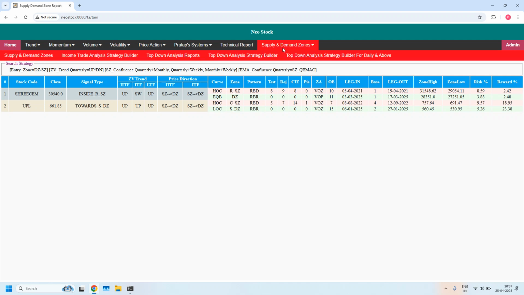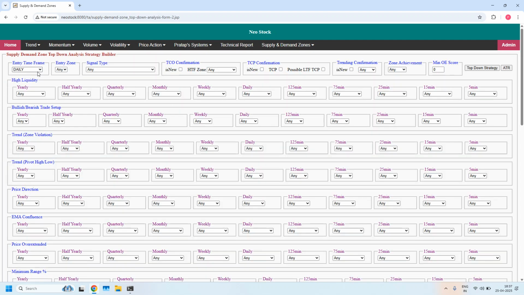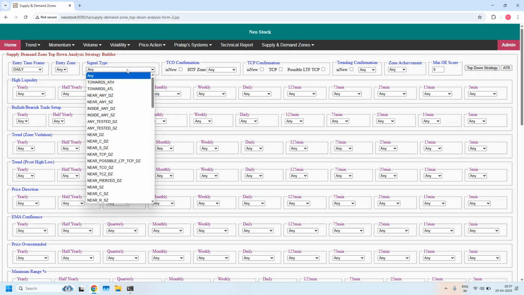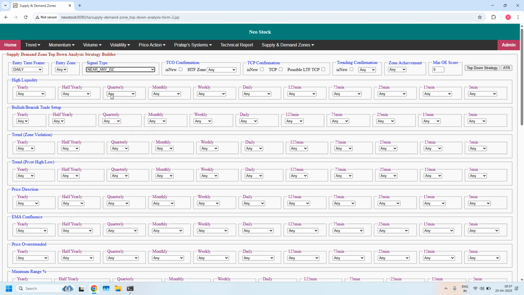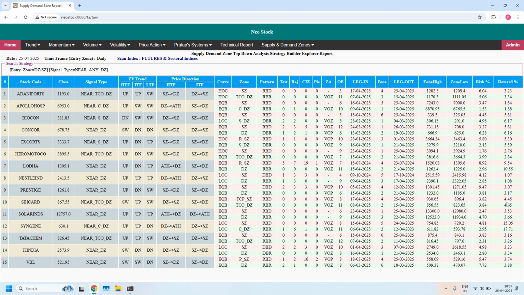Then we will look into daily time frame. Entry time frame daily, let us find the stocks near to the daily demand zone. We got 15 stocks. Let us identify high liquidity daily demand zones from this list. Apollo Hospitals is having a high liquidity zone.